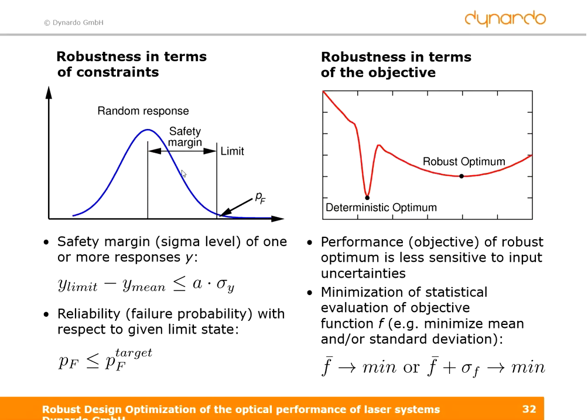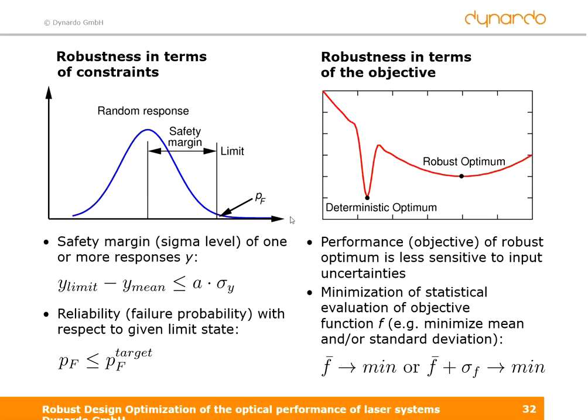And how you define your robustness depends, of course, on your application. The most famous one might be this definition by the sigma level. So you have a distribution of your response around the optimum, and you want that a particular limit is not exceeded. And for exceeding the limit, there is also a failure probability that you don't want to exceed, or that should be small, let's say.